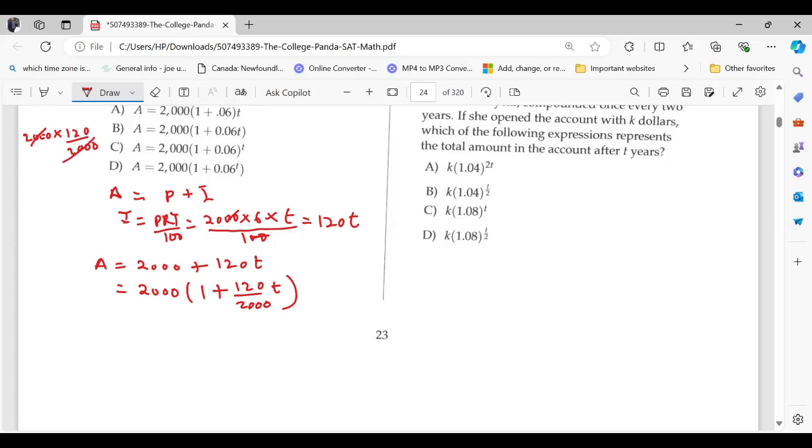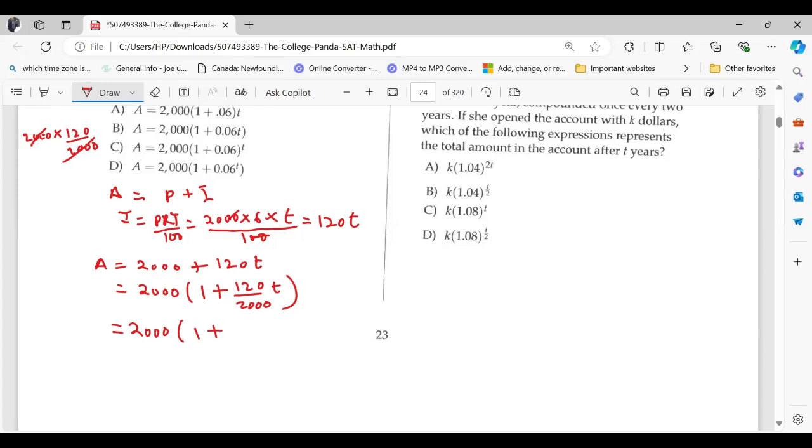So now I'm going to have 2000 times 1 plus, if you do 120 over 2000, what would that give to us? 0.06.